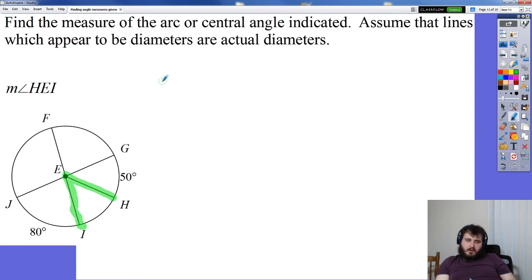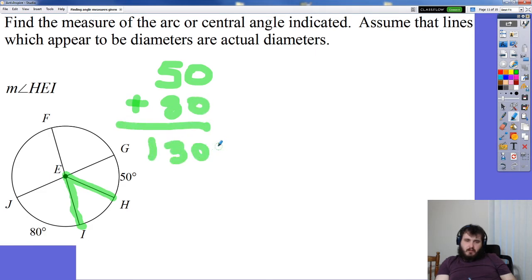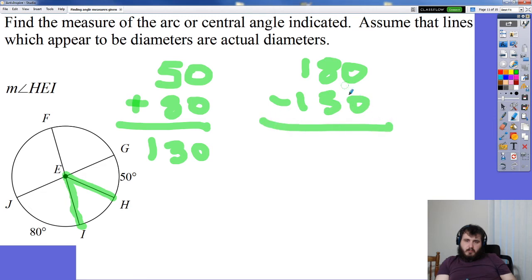We got 50 and 80. That's 130, right? Well, what's 180 minus 130? It better be 50. So this is 50, which means the angle's 50, right? Same thing.